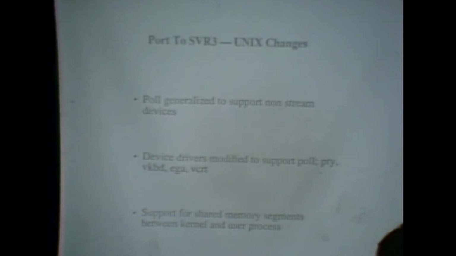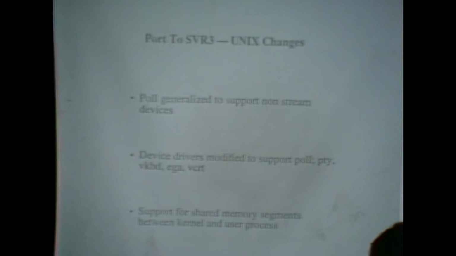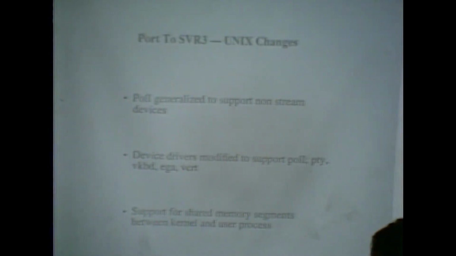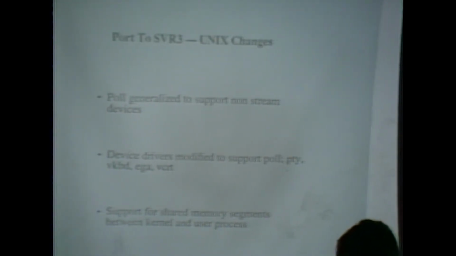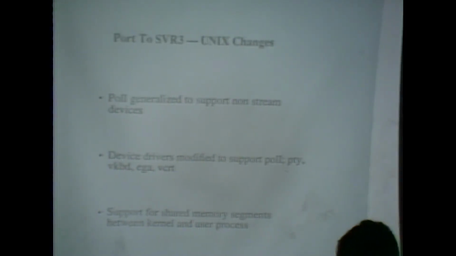Some of this will be explained a little bit more later. We also took a little more work to add the shared memory support to communicate between the X server and the display and keyboard, mostly for the mouse events and for the keyboard events, communication to the server. We also had to make some changes to the memory management portions of the kernel.